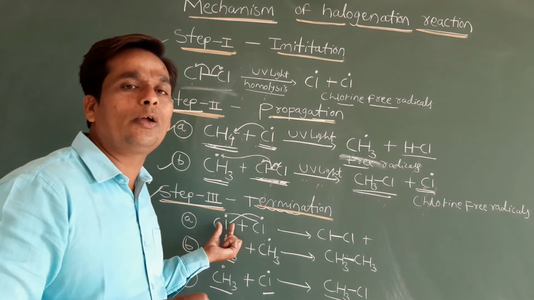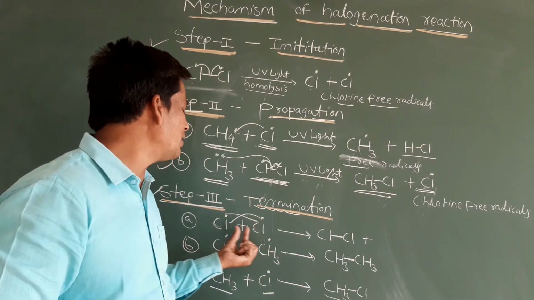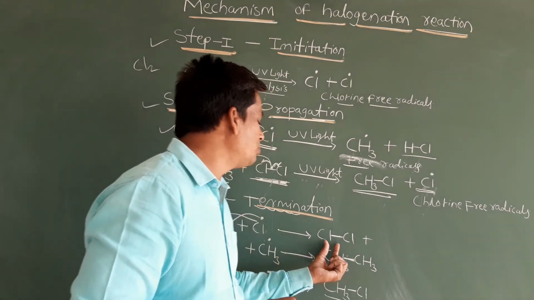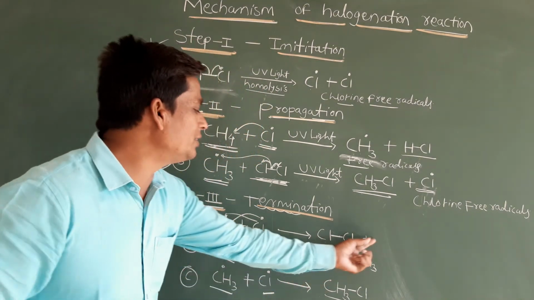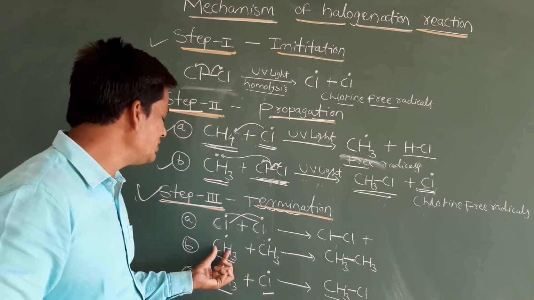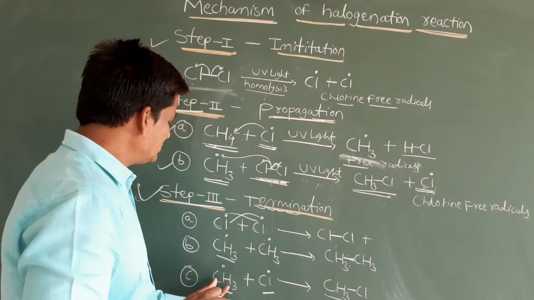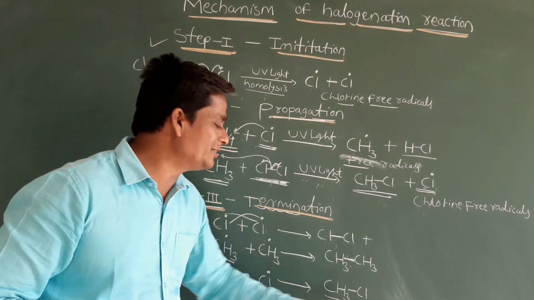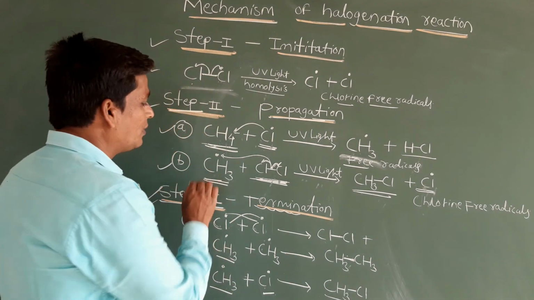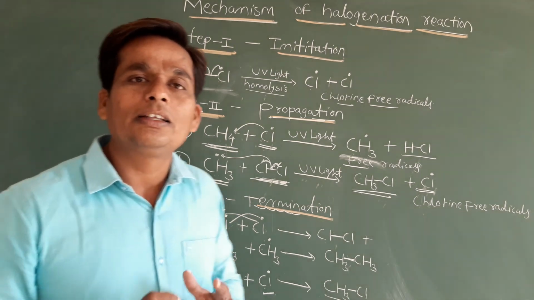Here I am taking Cl dot plus Cl dot, it forms the Cl2 molecule, so there is no generation of other free radicals. Here I have taken CH3 dot plus CH3 dot, it forms CH3-CH3. CH3 dot plus Cl dot forms CH3Cl. Now clear, students, in this way we can stop this reaction. This is the termination reaction.